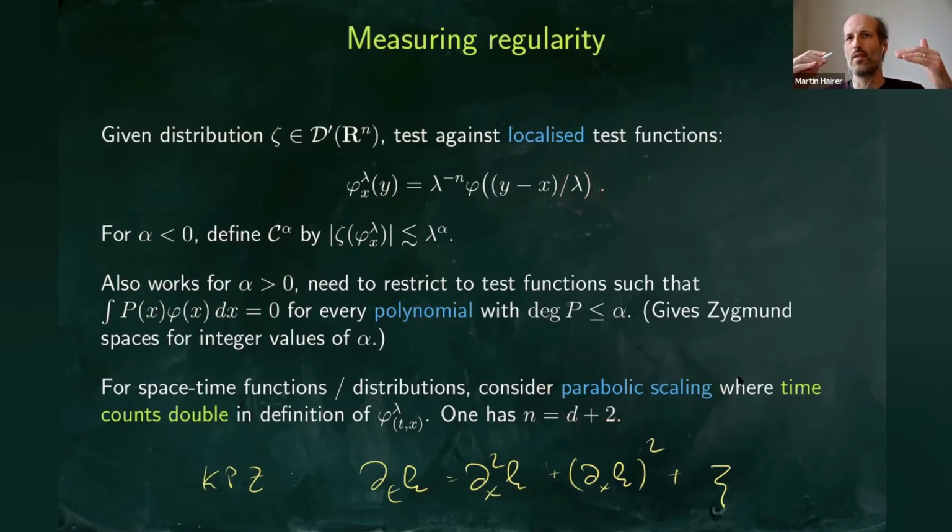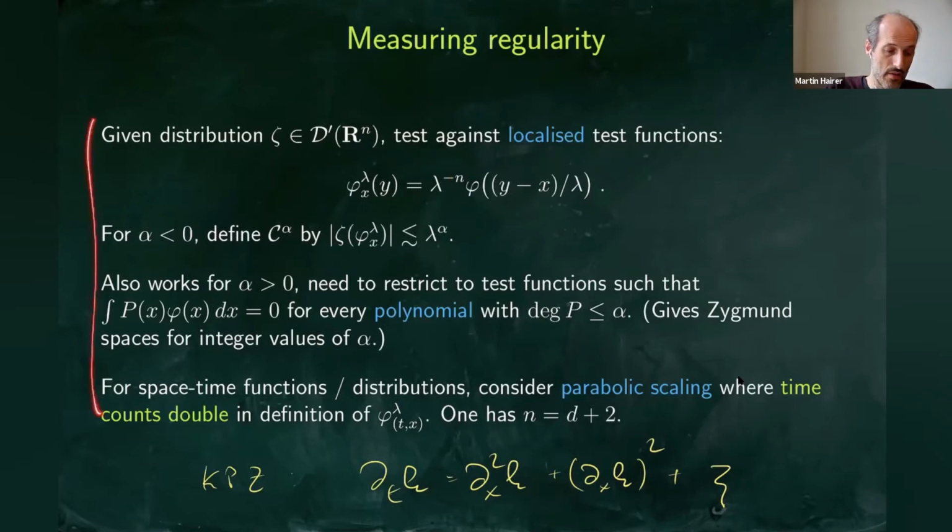And that has then the property that if you apply this heat operator, you have a lambda square coming out, whether you take the t derivative or the second derivative in x. So somehow both of them behave in the same way. Right, so that's the natural way of doing this. And then this n here should be the space dimension plus 2 because of the lambda square dividing the time, right? So that's what makes the integral again remain constant.